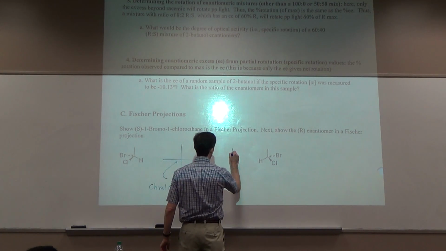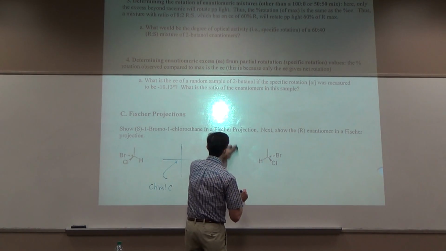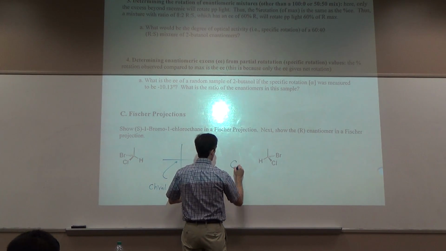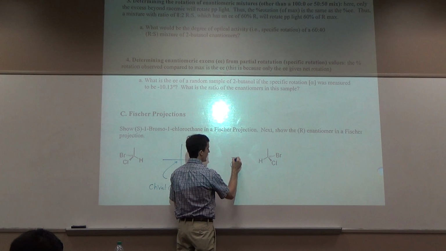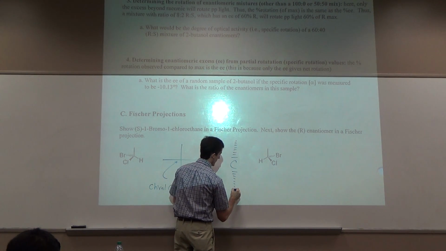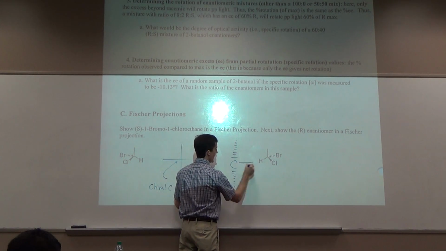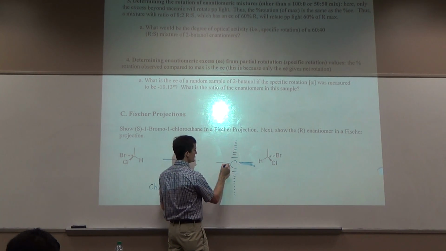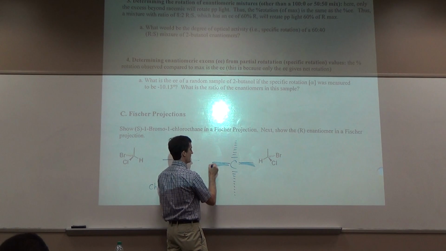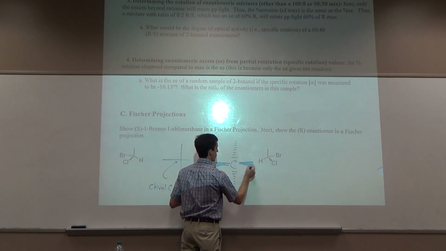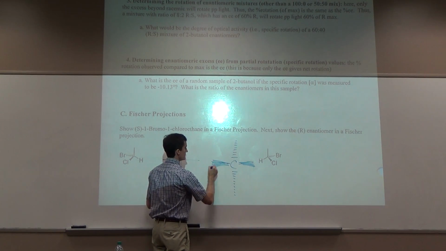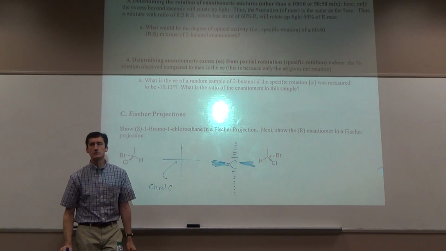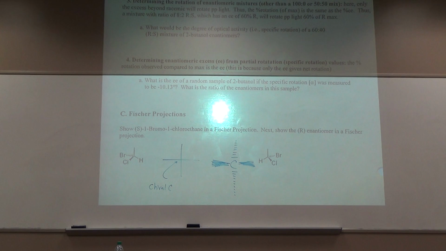When we see a crosshair, I'll draw the carbon in. The things at top and bottom are implied to be going back, and the things on the side are implied to be coming forward. Whenever you see the crosshair, that's what it implies.